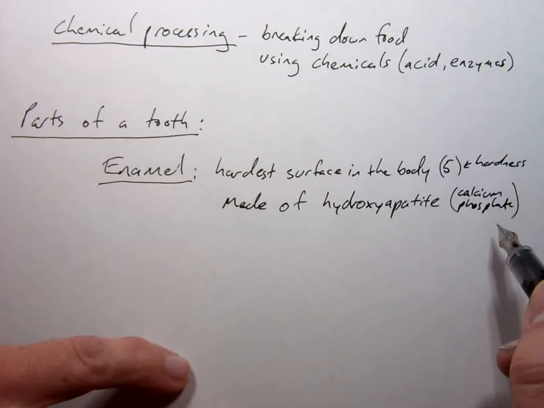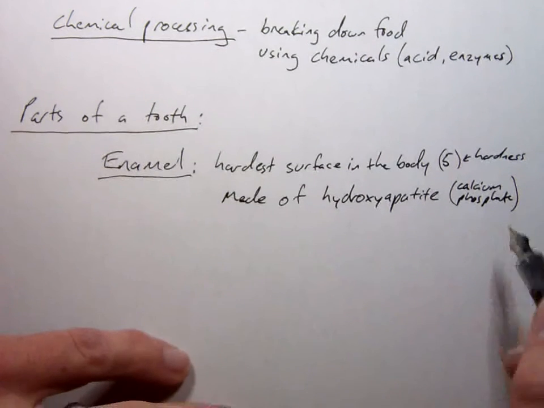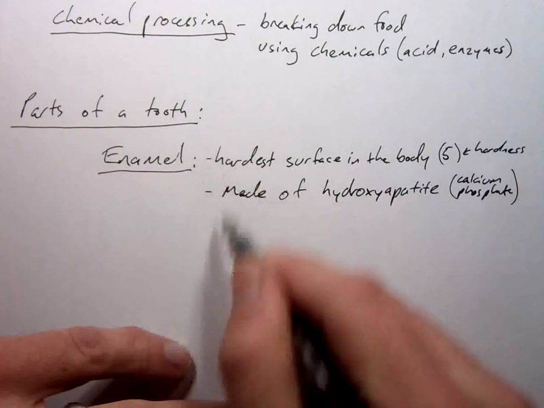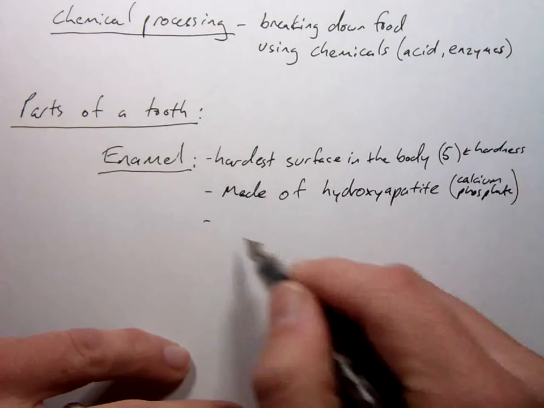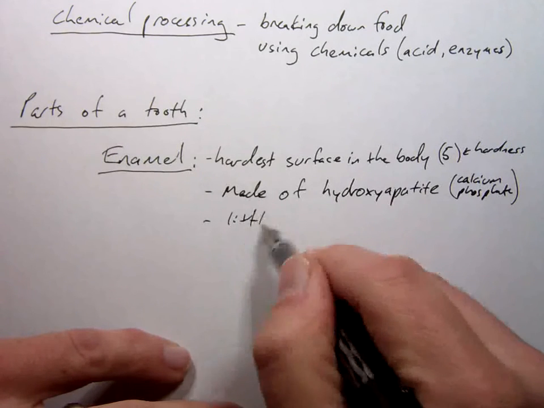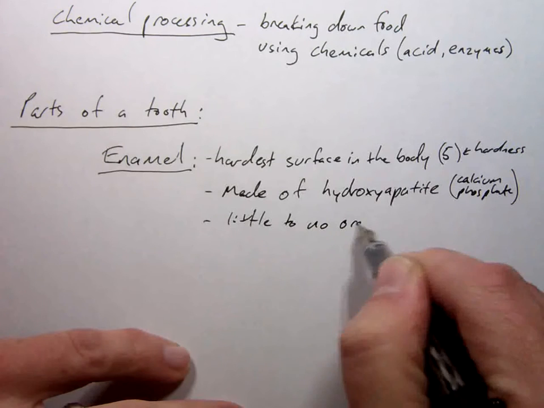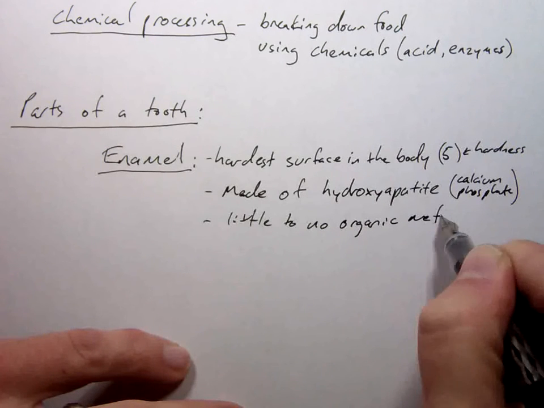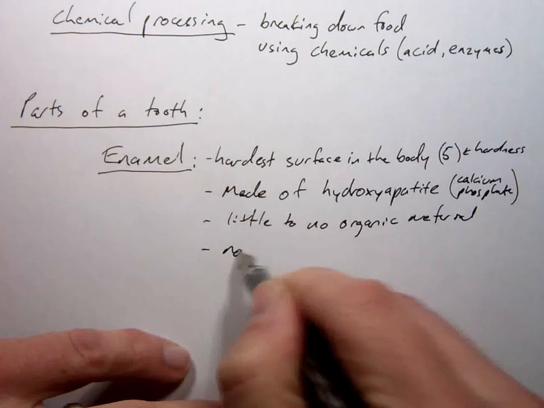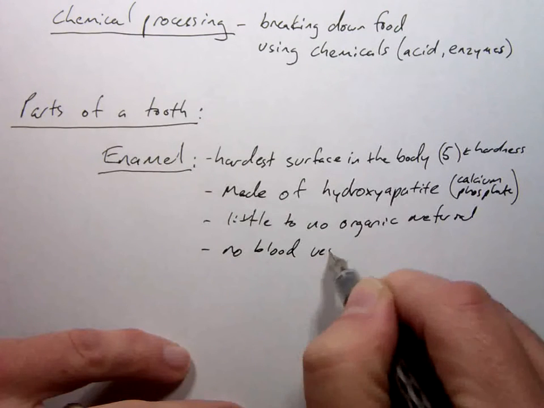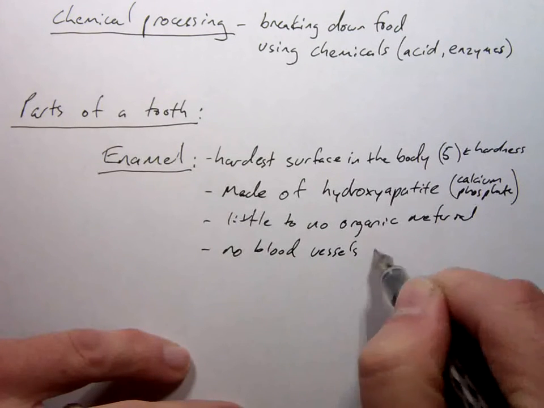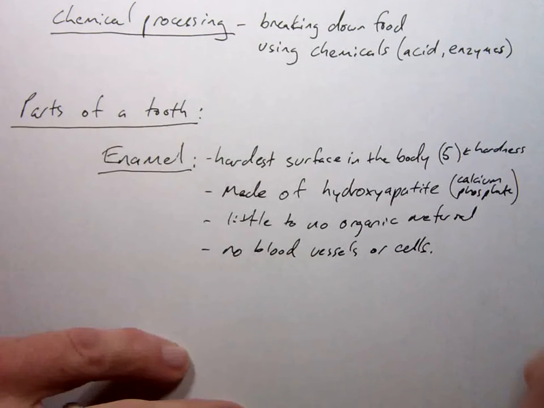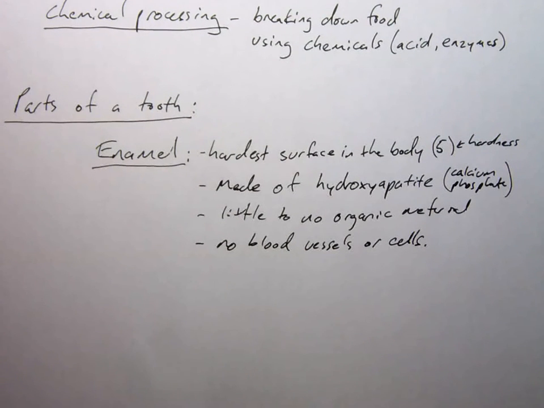Like 97% of your enamel is mineral, which also means it's dead, with little to no organic material, no blood vessels or cells. The good news is no blood vessels or cells means no nerves, so this part of your teeth doesn't ever hurt.